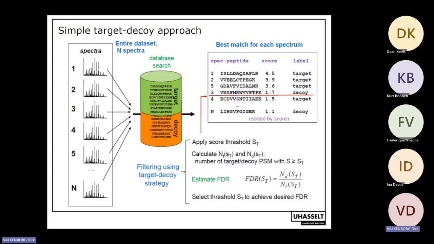So we have ranked our list, and we can scroll down this score. At some point, when the score is becoming lower and lower, it means that we're getting less and less goodness of fit between the acquired spectrum and the theoretical spectrum. So at some point, we see that decoy sequences creep into this list.